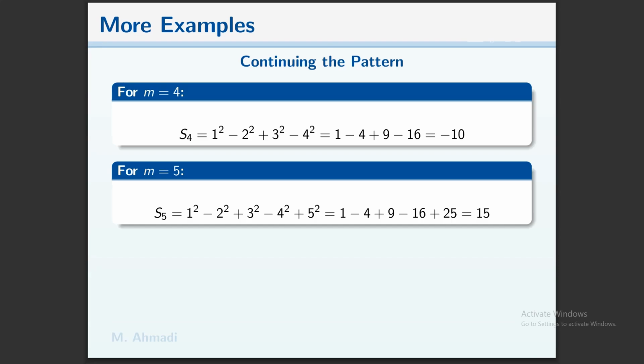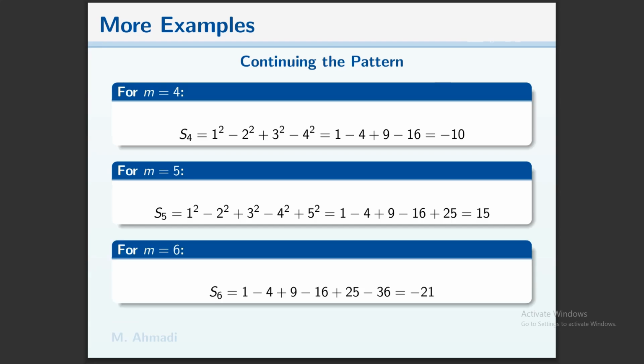Also, here we have some more examples. For m equals 4, S4 equals 1² − 2² + 3² − 4², which equals 1 − 4 + 9 − 16 equals −10. For m equals 5, S5 equals 1 − 4 + 9 − 16 + 25 equals 15.